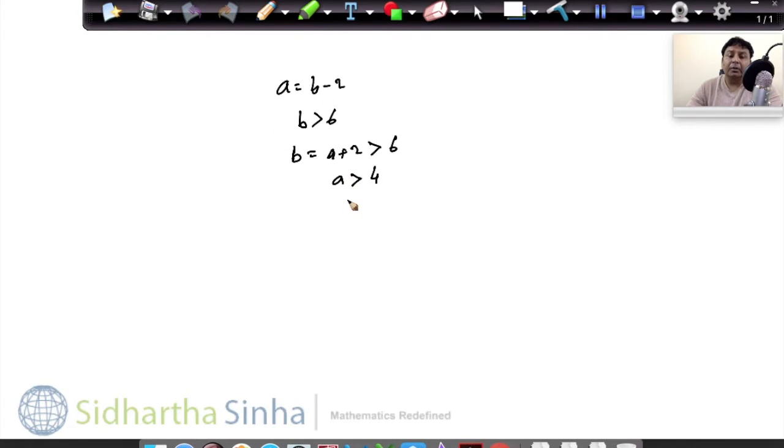So for all the elements more than 4, say 5, 6, 7 and so on, when you do A into A, we get all the elements, but we have to maintain that this relation, B minus 2 comma B, will be the point always.